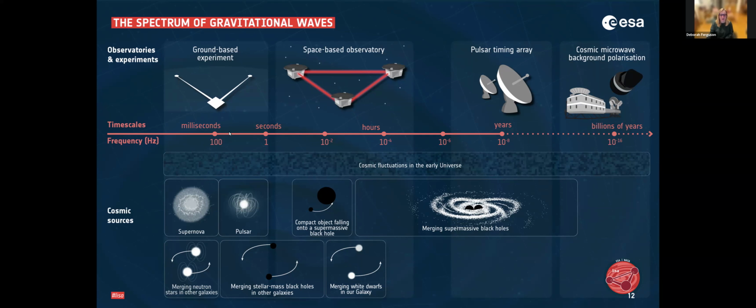So right now, LIGO, it's a ground-based experiment. Virgo, KAGRA, those are ground-based experiments. And they're able to observe stellar mass black holes merging, as well as neutron stars. We have next generation ground-based detectors that are planned, such as the Einstein Telescope and Cosmic Explorer.